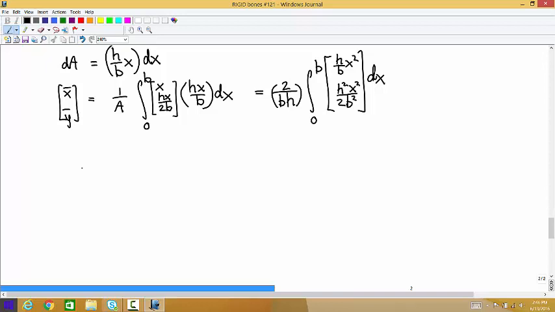So now you can integrate each of these. So this is equal to 2 over bh times, if you integrate the x component, you get h x to the third over 3b.